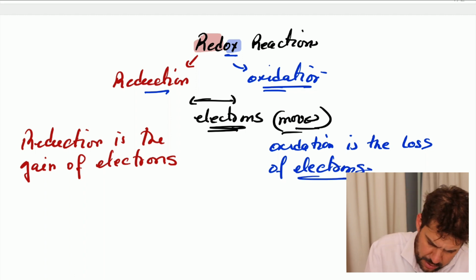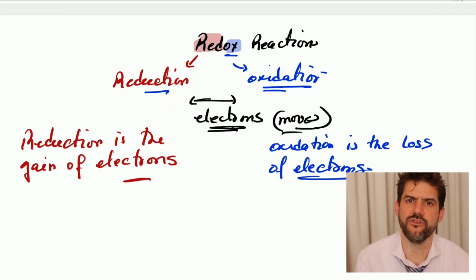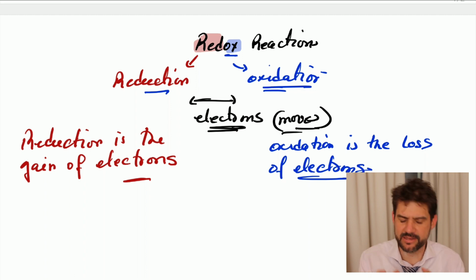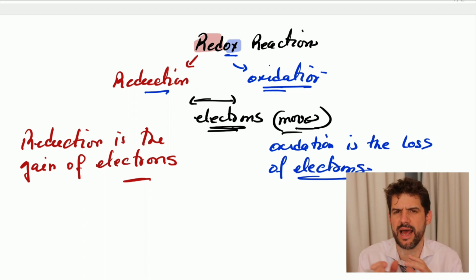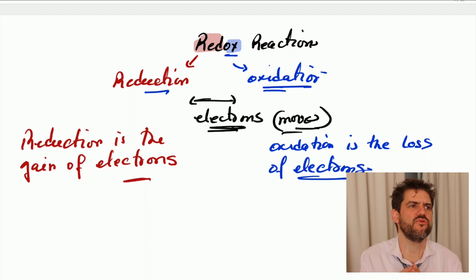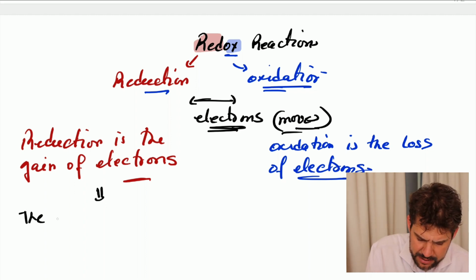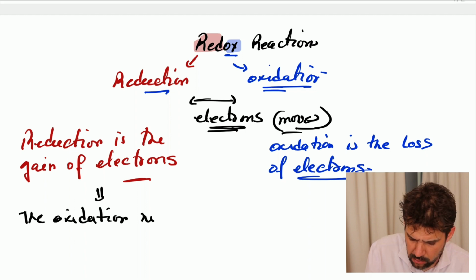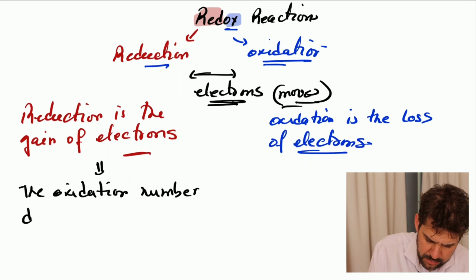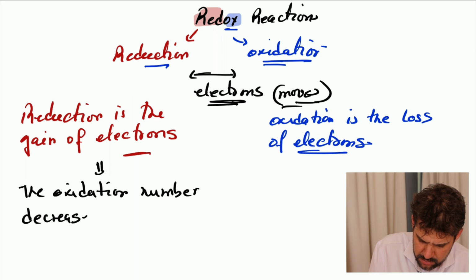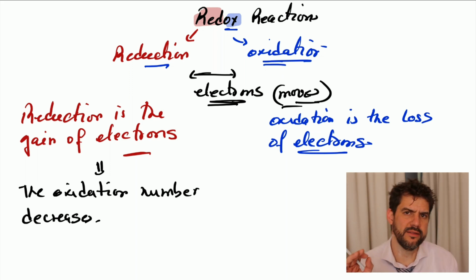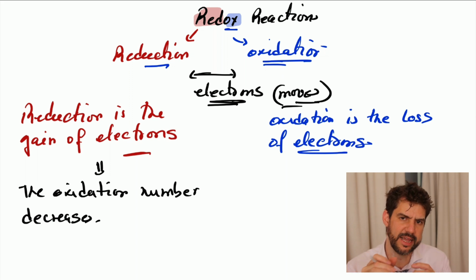Now, both definitions are in terms of electron transfer, but redox reaction, or oxidation and reduction, can be defined as well in terms of oxidation number. So in terms of oxidation number, reduction is when the oxidation number decreases. That is reduction. So in terms of electron transfer, you have to say that it is the gain of electrons.